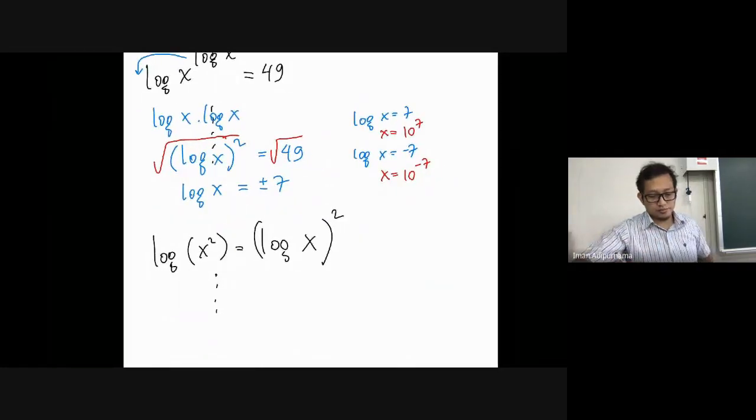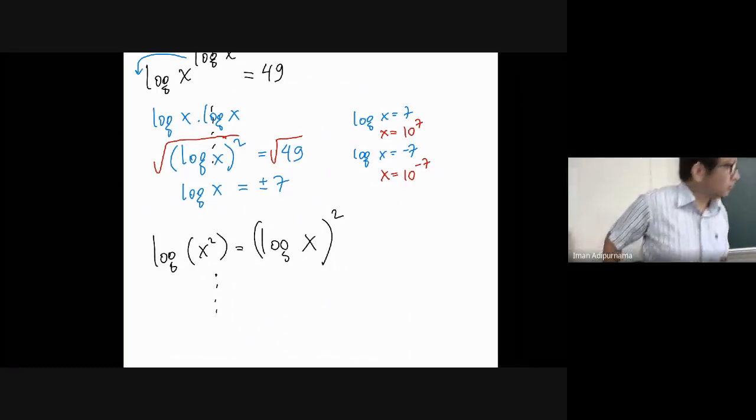Okay, what is the second one? Careful. You have the squared. This is x squared. Okay. This is log x and then squared. Different. But you can still solve this.